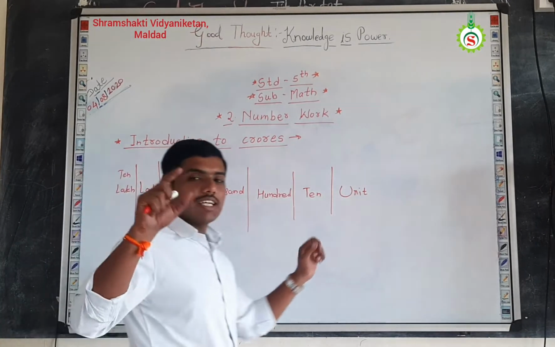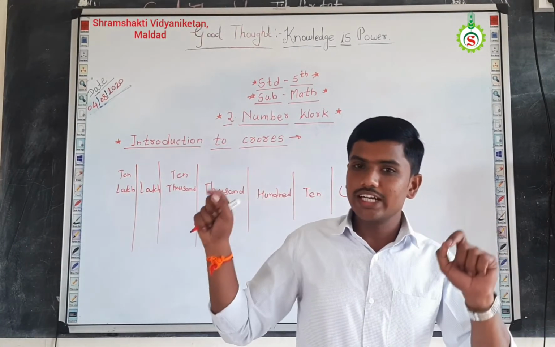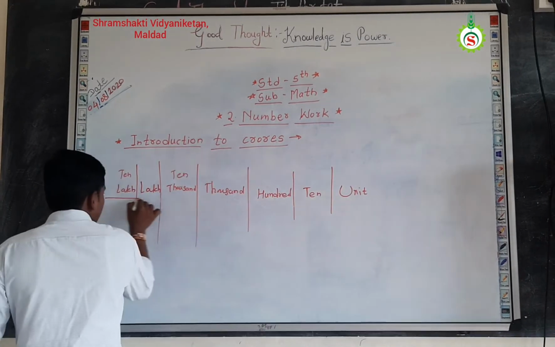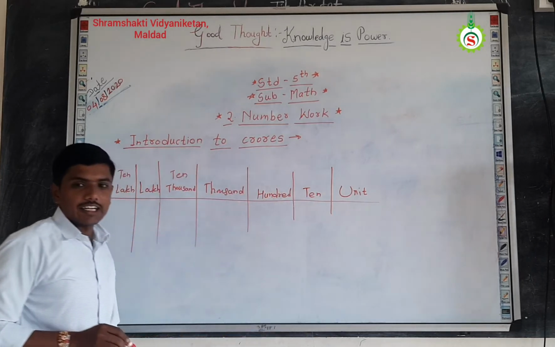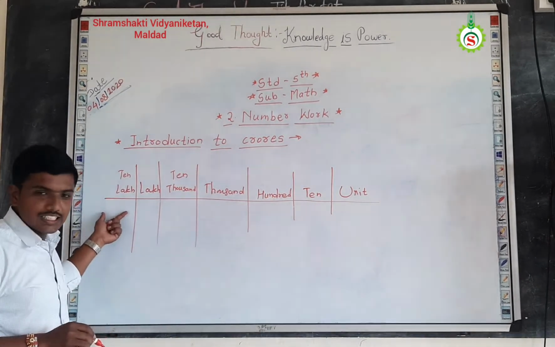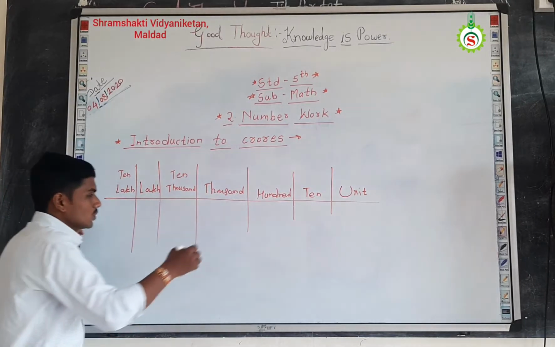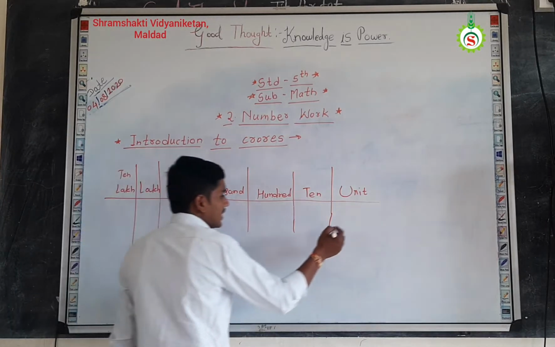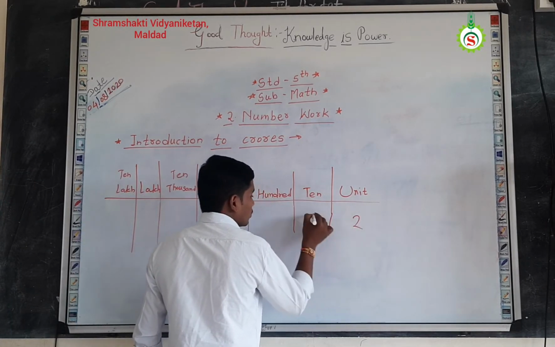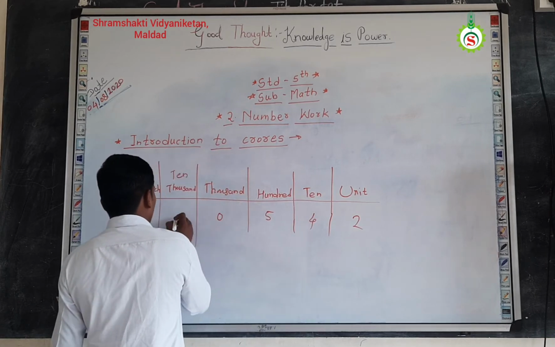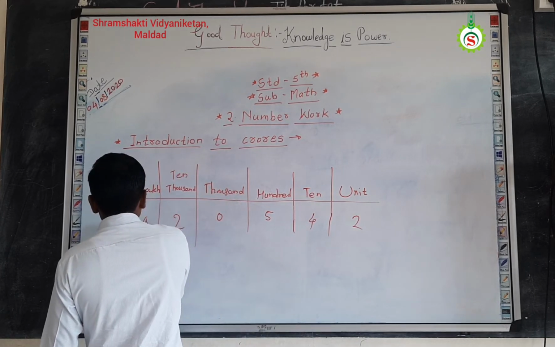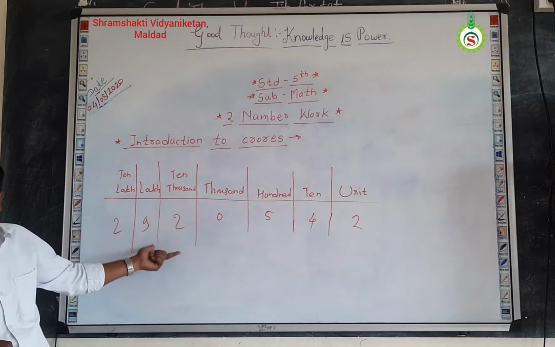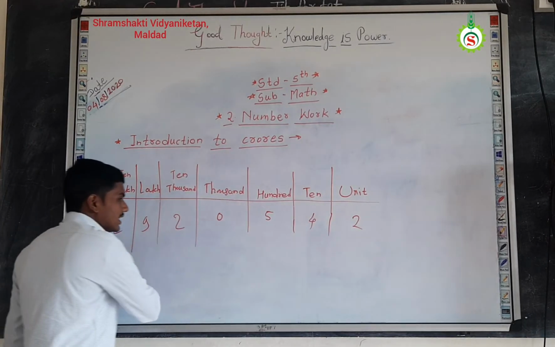Up to the 7-digit number, we are able to read and write the number in words also. The last digit is the ten lakh. Suppose for a 7-digit number I take the digits 2, 9, 2, 0, 5, 4, 2 and write one digit for every place. Now I can read the whole number.